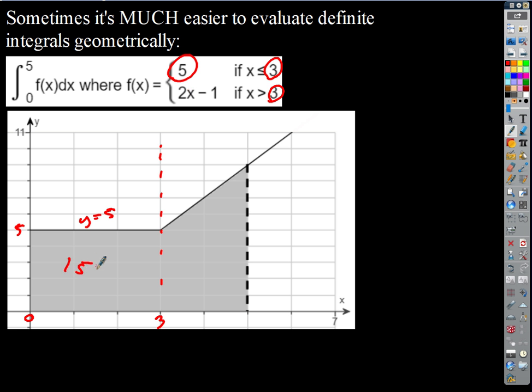Okay. To the right of that, we get the line 2x minus 1. So there's the line y equals 2x minus 1, right? So we're going from 3 out to our upper limit of 5, so it's got a width of 2, and then that's just a trapezoid. What's the area of that piece? Split it up into the square and the triangle. Yeah, you could break it up that way if you want to, right?